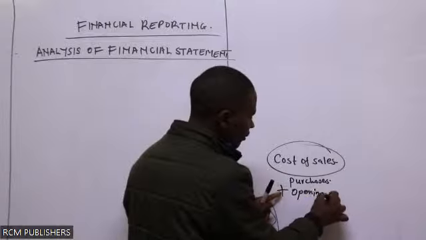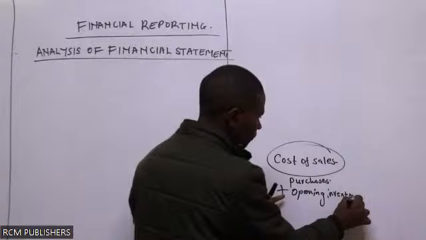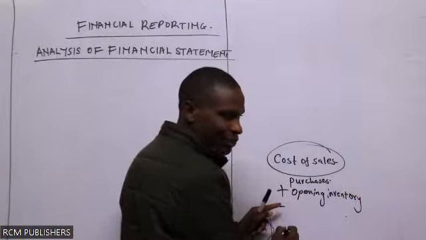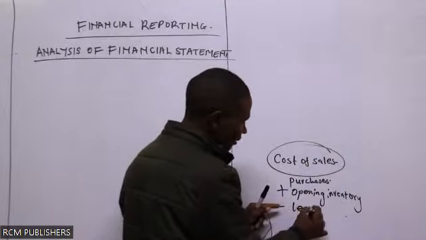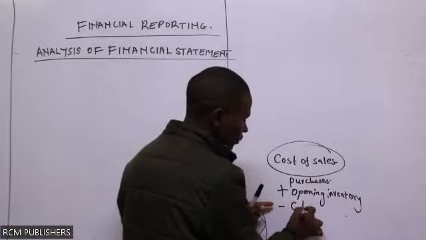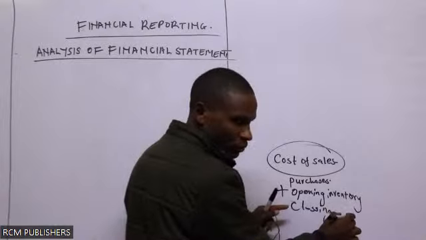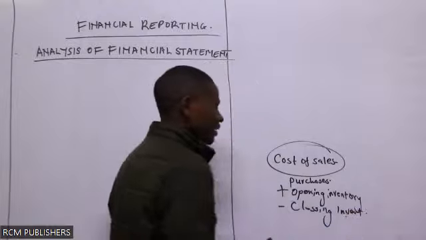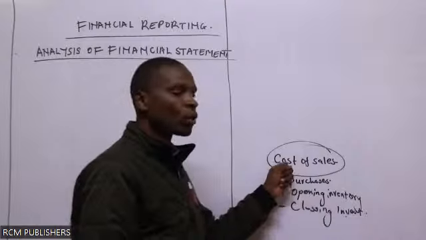I want you people to be very, very ripe on this. Then we less what? Someone who is telling us, what do we less? Closing inventory, right? Let's just call it closing inventory. This is a very good item that you have given us. Yes. We shall be looking at our cost of sale.